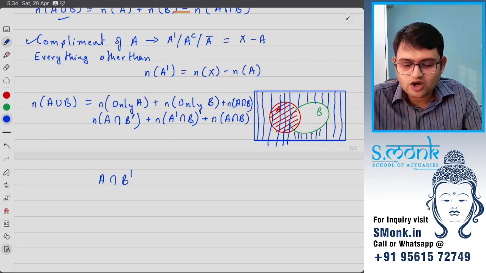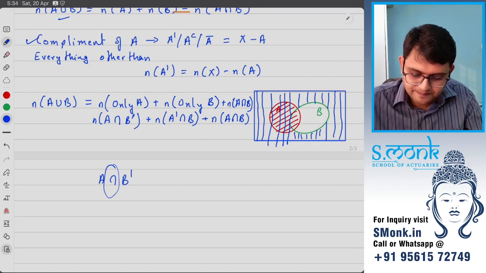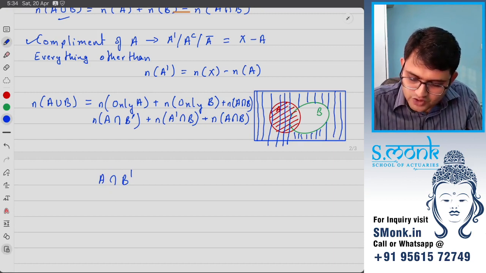Now you can see what is common between them. The intersection means whatever is common between them. You can see this is the only A part.